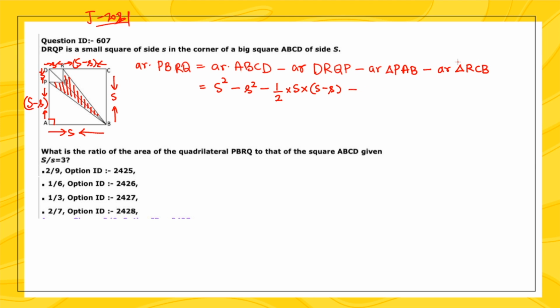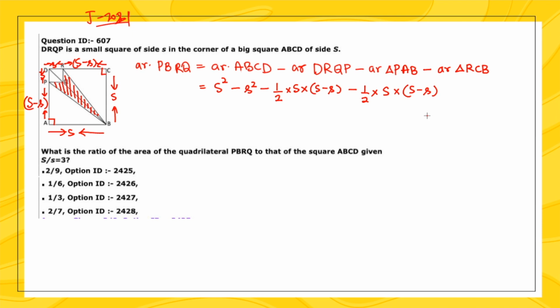Same goes for the area of triangle RCB: again it is 90 degrees, so half, the base is capital S and the height is capital S minus small s.